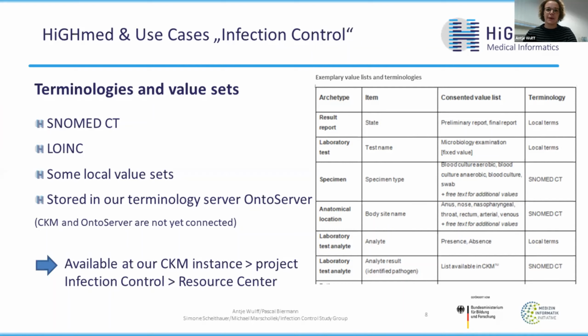What was very interesting about microbiology reports is the usage of the laboratory test analyte item. We discussed it a lot, especially also with Heather or Celia from the international community. In this context, we used this analyte as a thing for capturing the absence or the presence of anything, because in microbiology, in most cases you don't have a specific order request.